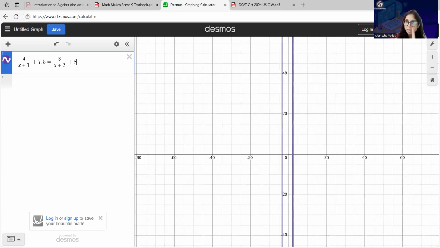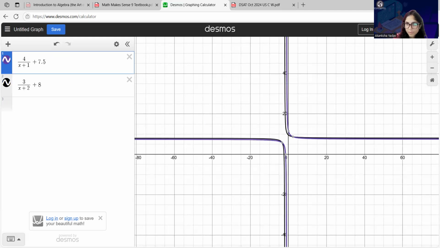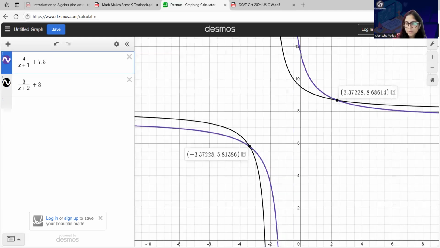Instead of writing the entire equation in one line, you write the left side of the equal to sign on one line, and you write the right side on the next one. And now you can see point of intersections, right?